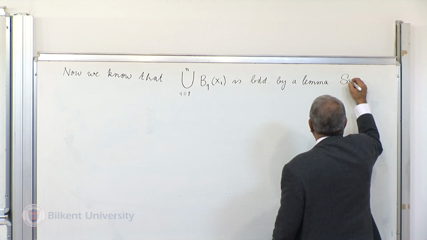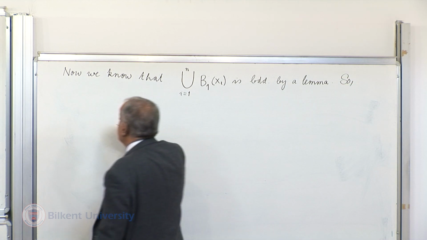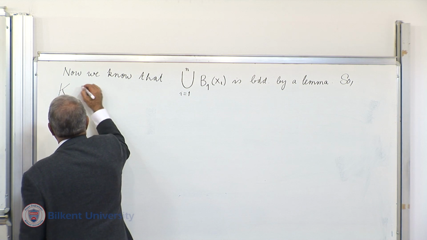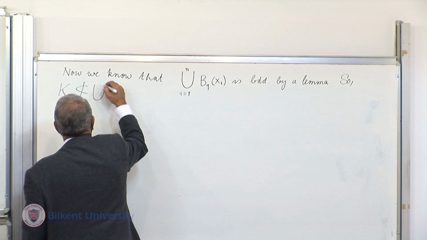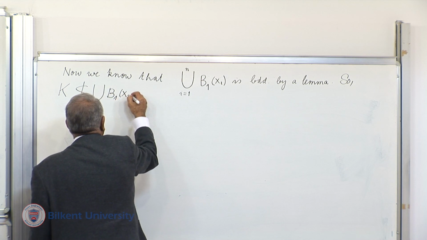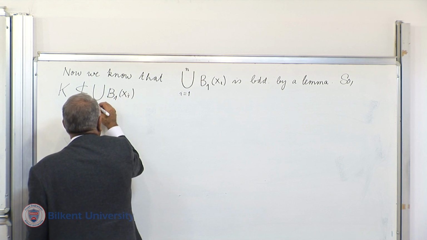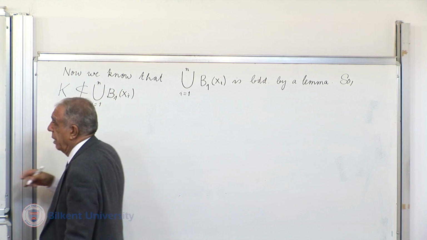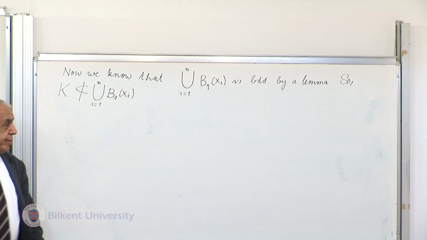So, K is not contained in this union. Because if it were, then K would be bounded, and that would contradict our supposition.